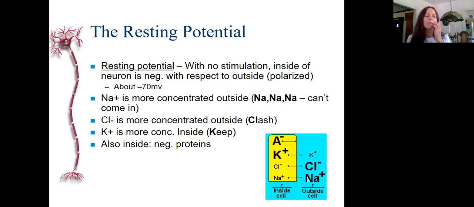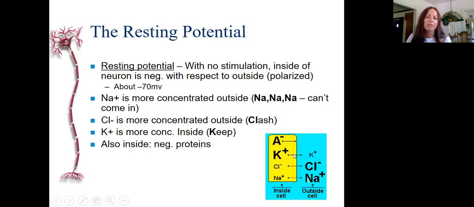Okay. And then we have a positively charged ion that's more concentrated on the inside, and that is called potassium. It's designated with a K. I know that makes no sense, but it's K+. And I think of the K as we're going to keep it, so we keep it inside the neuron. There are also some negative proteins, usually designated with that A-, and those are going to always stay inside the neuron.